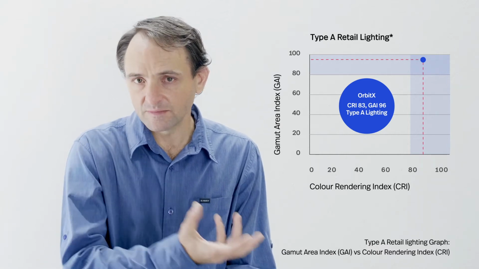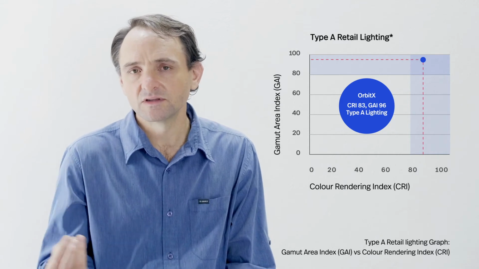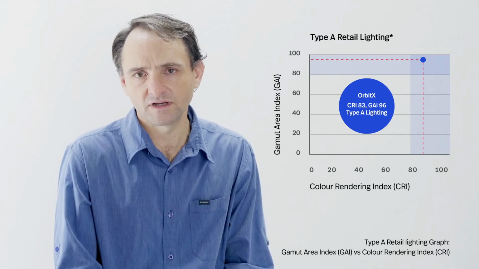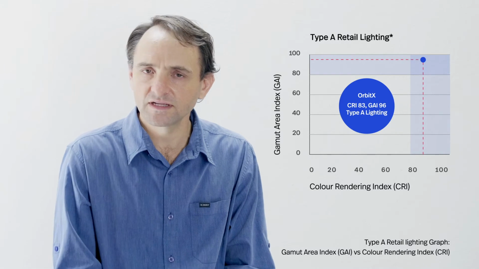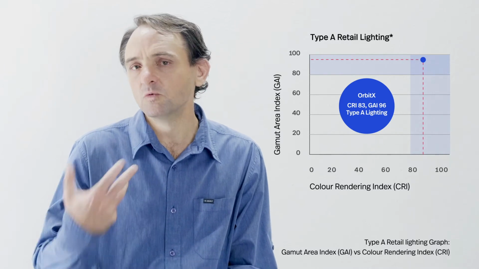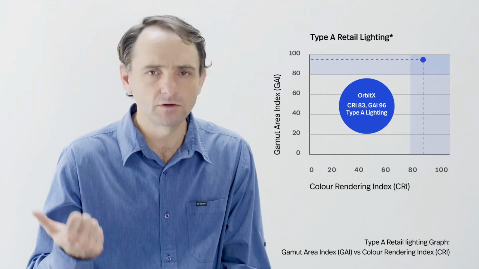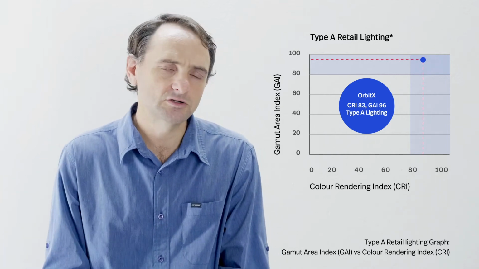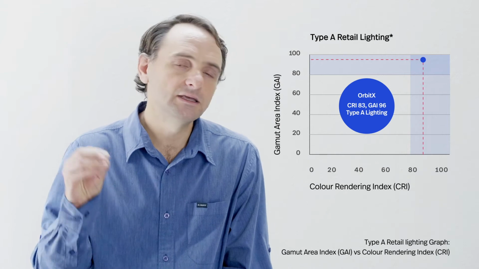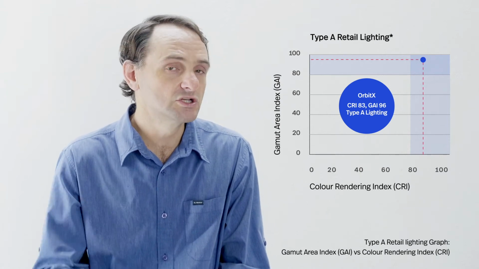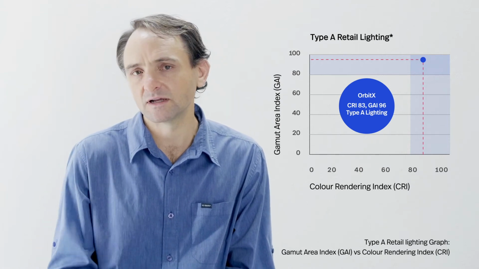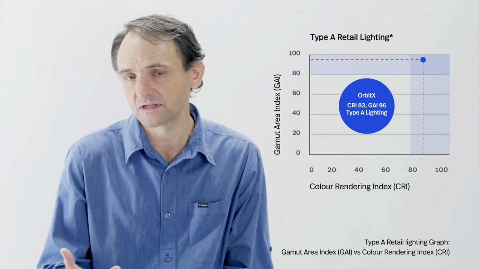Further to Type A lighting, you can also consider the correlated color temperature of the light. In South Africa, we've got 5000 Kelvin light, and this is slightly warmer than the light colors that we see in the economic hubs of the world: the Northern Americas, Europe, China, etc. Their natural light color is 6 to 6,500 Kelvin, which looks bluer than the natural daylight of South Africa of 5000 Kelvin.